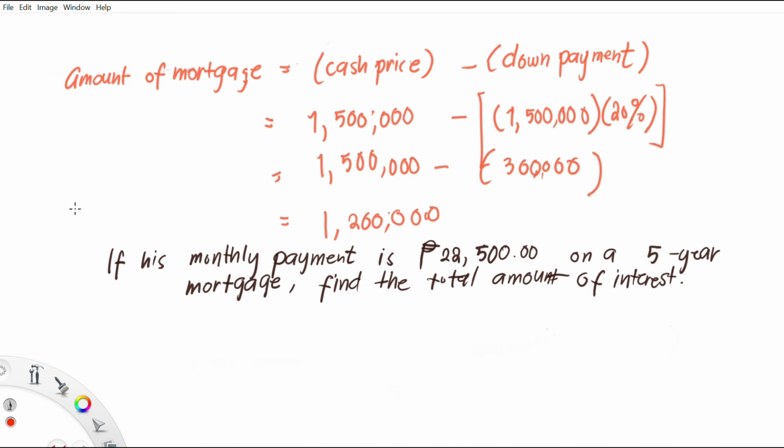We have a follow-up question. If his monthly payment is 22,500 pesos on a 5-year mortgage, find the total amount of interest. So what we are going to find is the total interest.